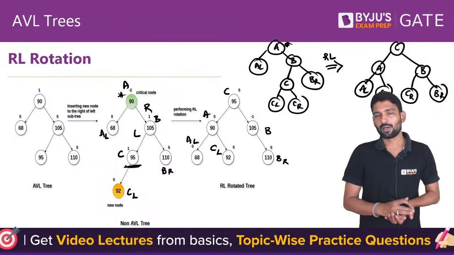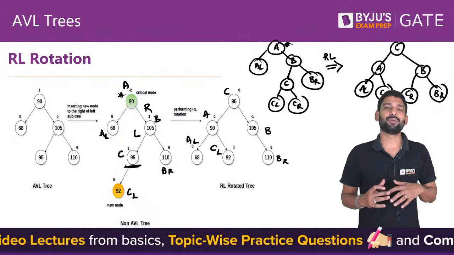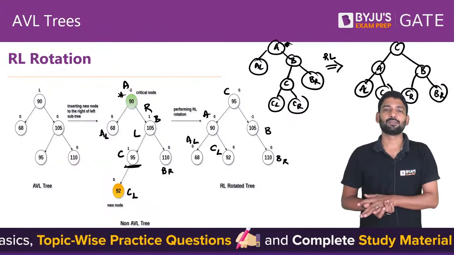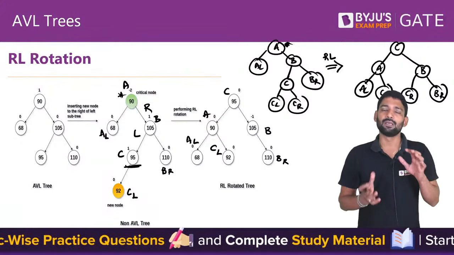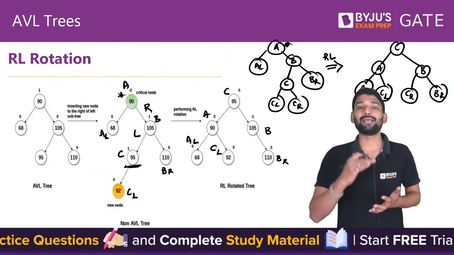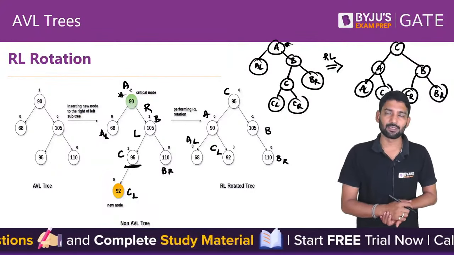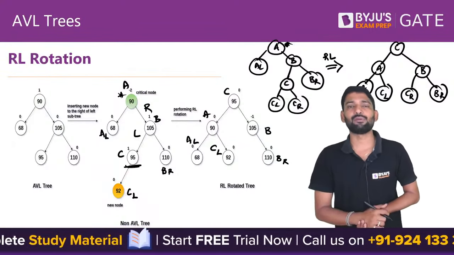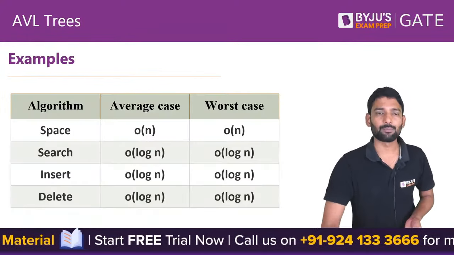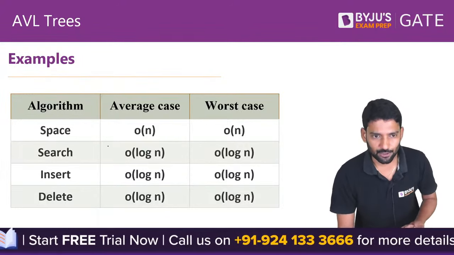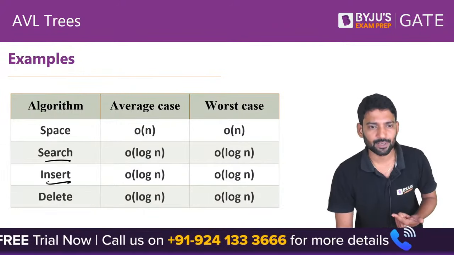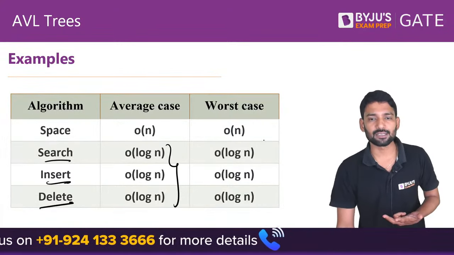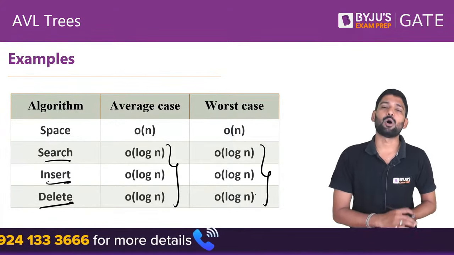So the balance factor should be either -1 or 0 or +1, and it should be a BST. Then we call it a height balanced BST, which is an AVL tree. The advantage of an AVL tree is that search, insertion and deletion operations take log n time complexity in all cases.